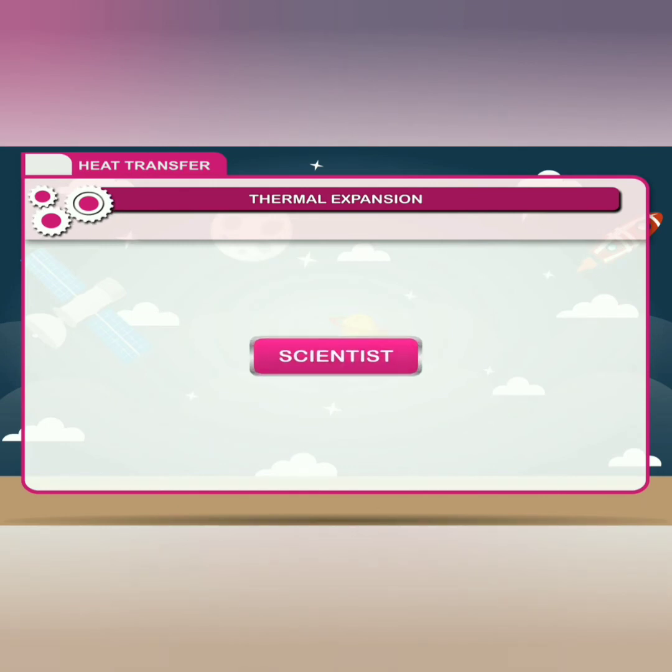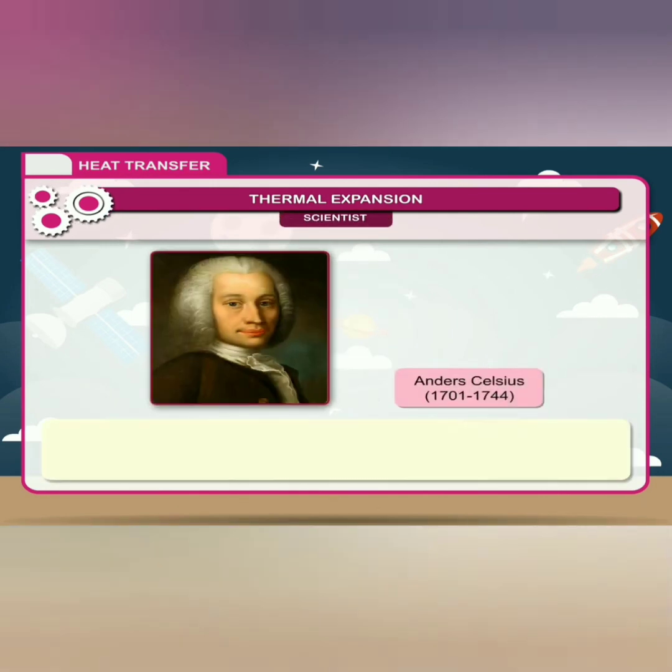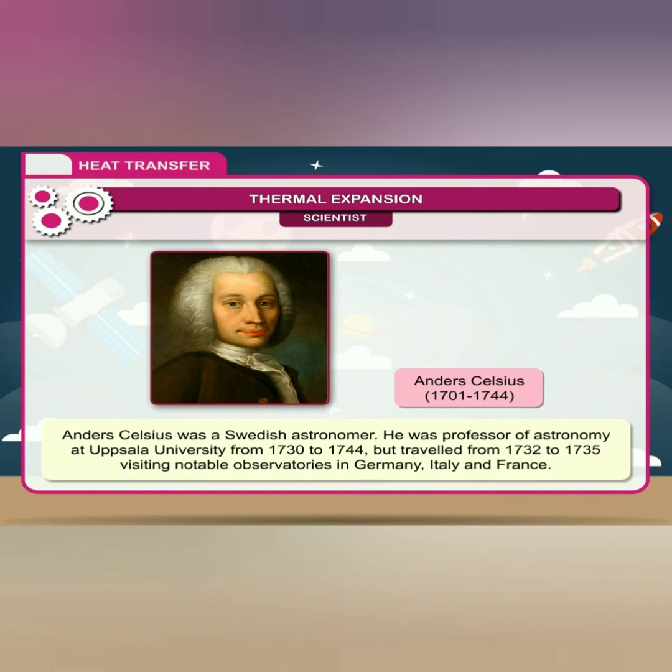The scientist Anders Celsius was a Swedish astronomer and a professor of astronomy at Uppsala University from 1730 to 1744, but he traveled from 1732 to 1735, visiting notable observatories in Germany, Italy, and France.